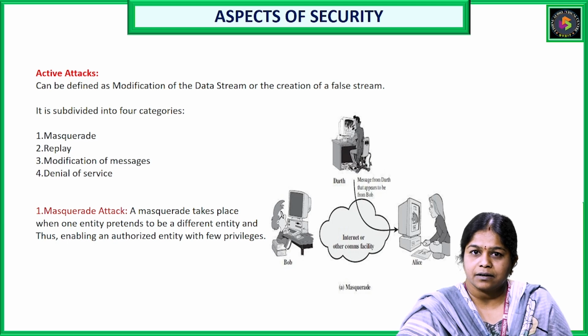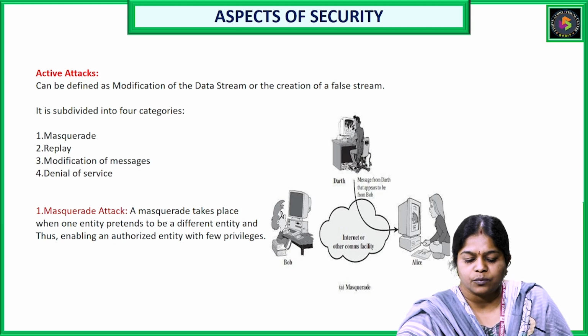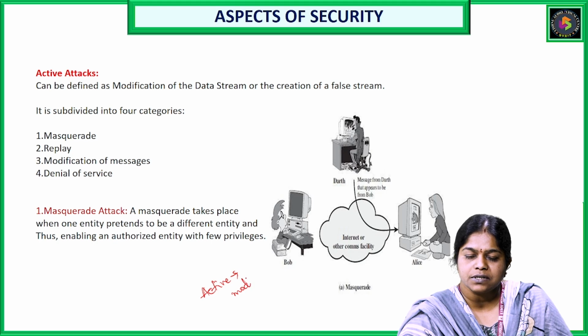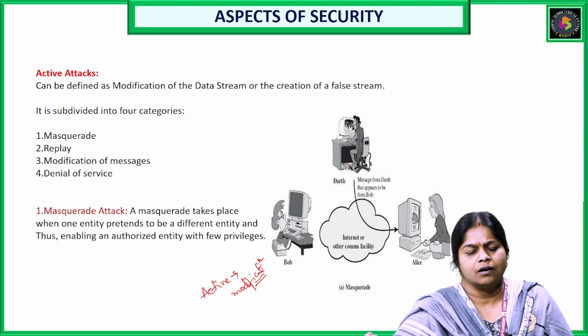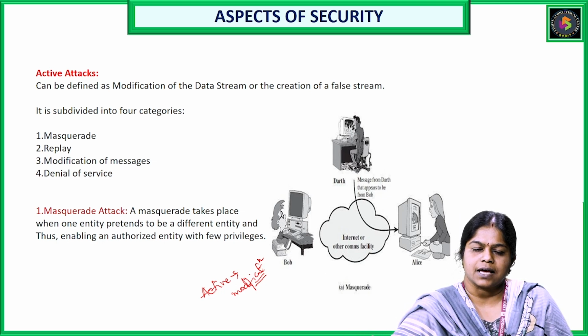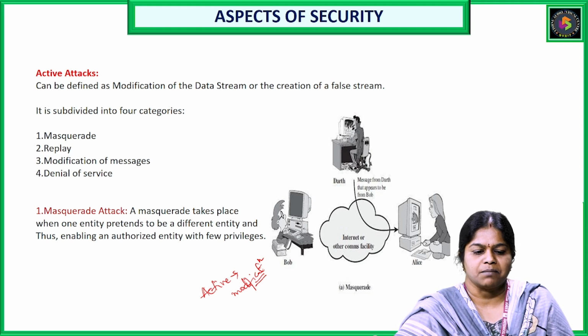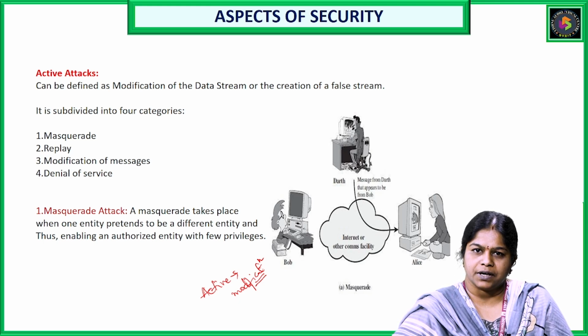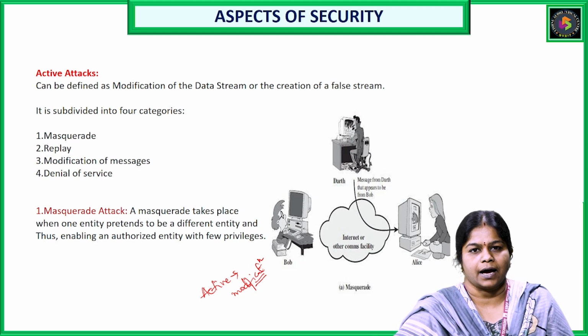In a passive attack, the opponent did not do any modifications, but when it comes to active attacks, the opponent will do some modifications, or create a file, add a file, etc. This active attack has been subdivided into four types: masquerade, replay, modification of the message, and denial of service. These are the four different types of active attacks.